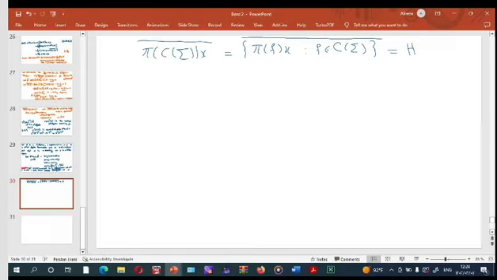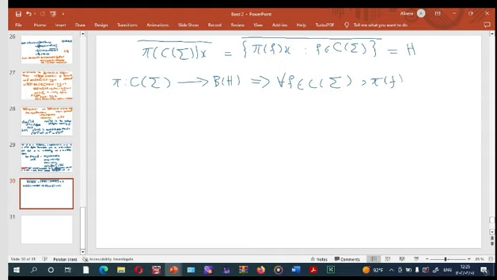And please note that P is a function from this to B of H, so for any f in C of sigma, P of f is an element in B of H.